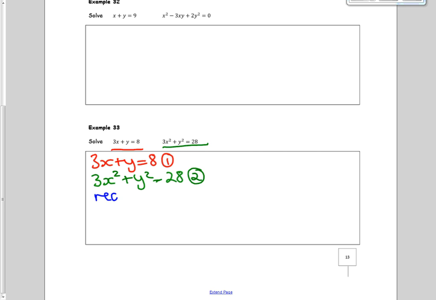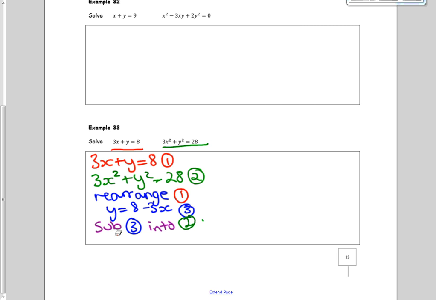Now I'm going to rearrange my linear equation, which is my first equation, and this will give me y equals 8 minus 3x, and I'm going to give this the label 3, so that now I can substitute what I've got for my equation 3 into my second equation to eliminate all the y's.